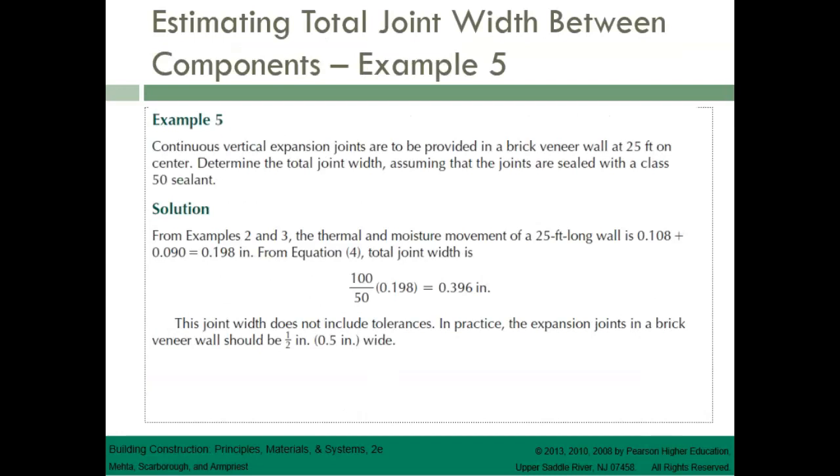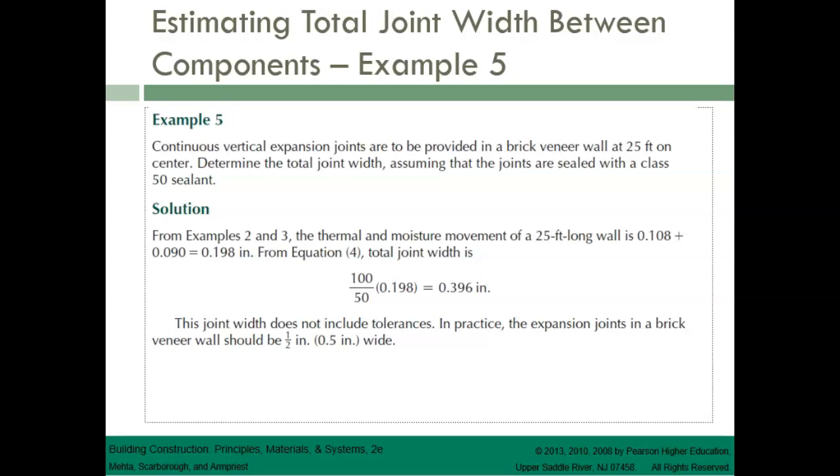So in our previous example of the 25-foot long brick veneer wall, we're going to take into consideration both thermal and moisture movement. Our thermal movement on that wall segment was 0.108 and our moisture movement was 0.09. So the equation we use is we basically just add those together.